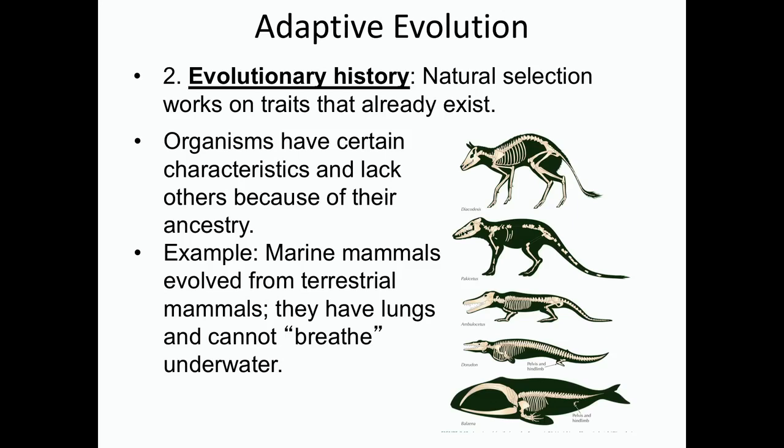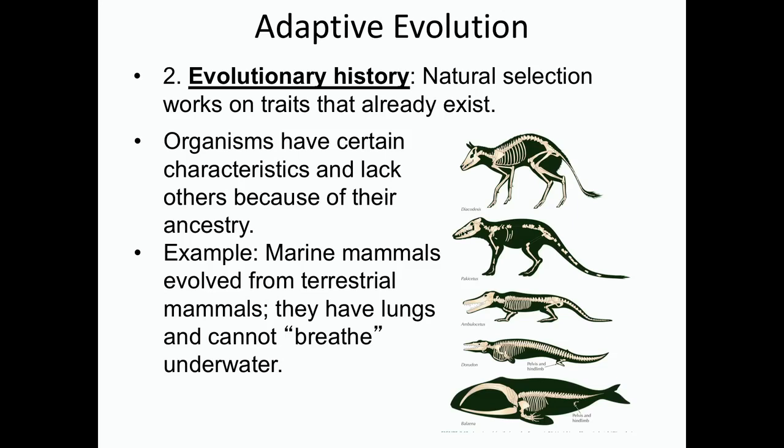However, because the ancestors of a whale were a terrestrial mammal, they have lungs, so they can't breathe underwater, so whales have to come to the surface and breathe. Now, their physiology has been modified through many, many years of selective pressures so that they don't have the same features as their ancestors anymore, but they're not able to redevelop gills because gills were lost in the transition to land. So they're constrained by their evolutionary history.